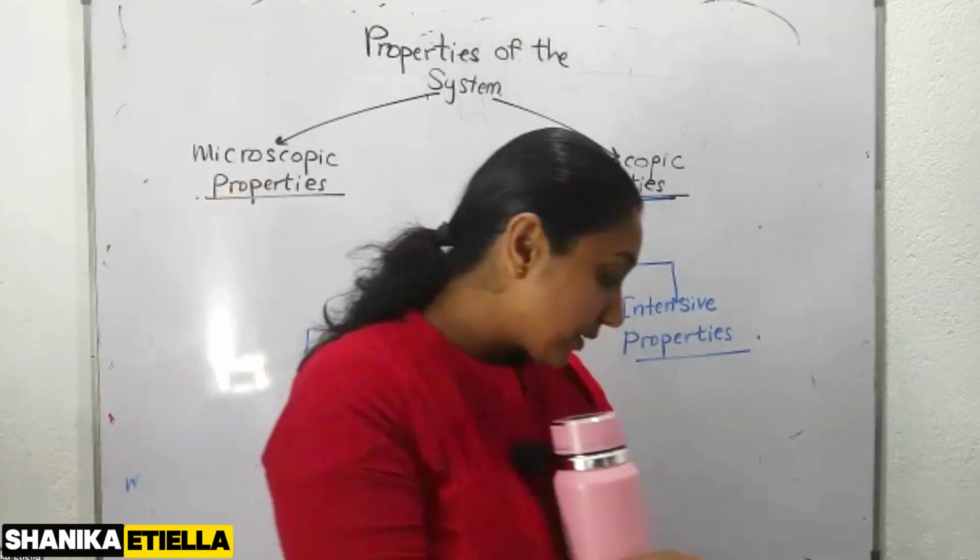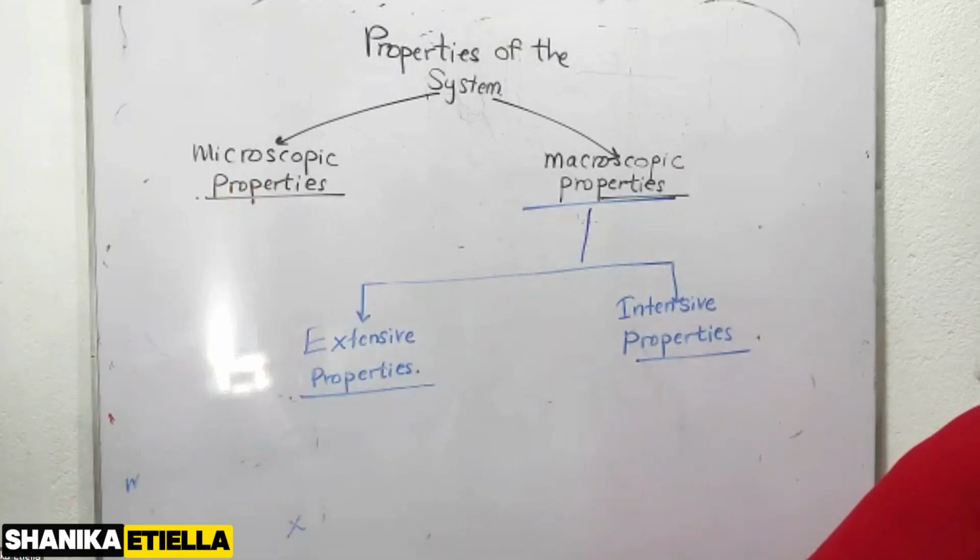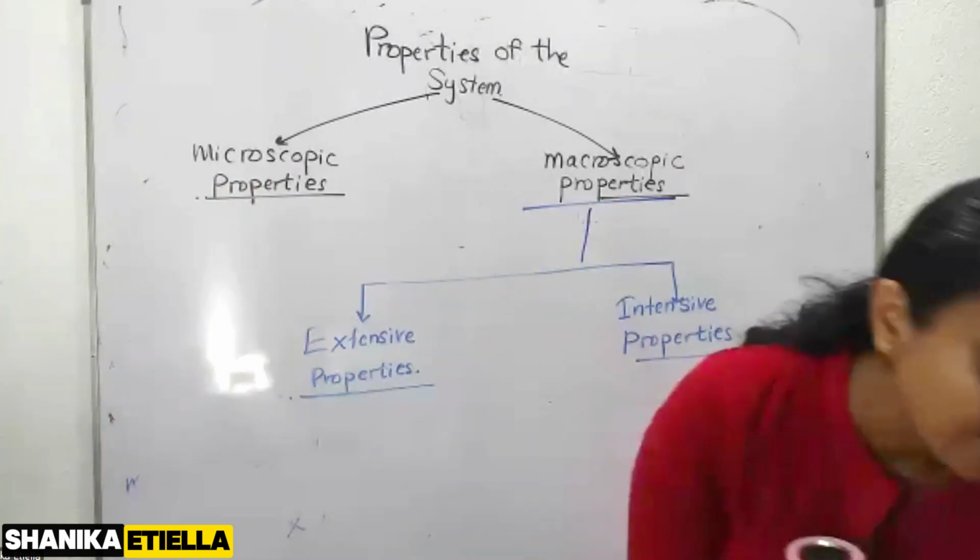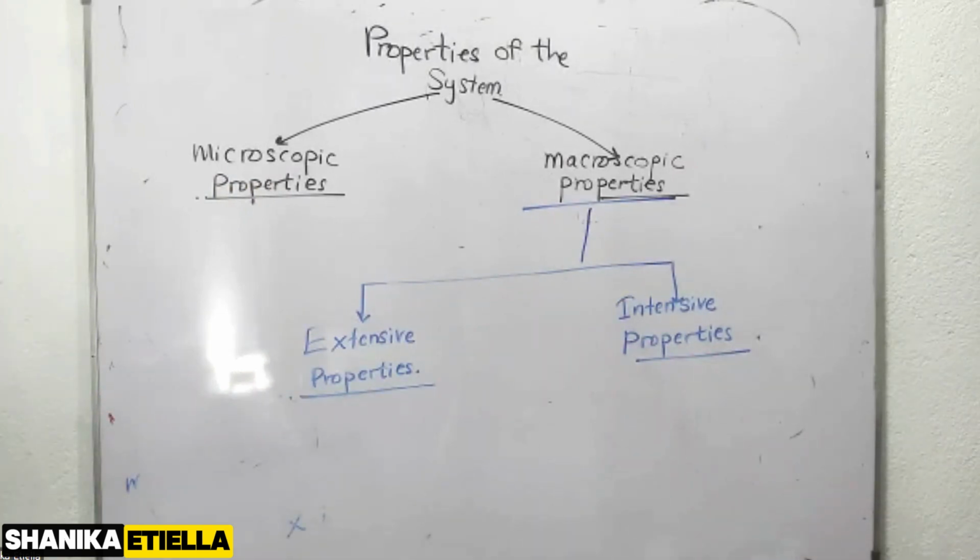Write down: the properties that are independent of the amount or size of the system.